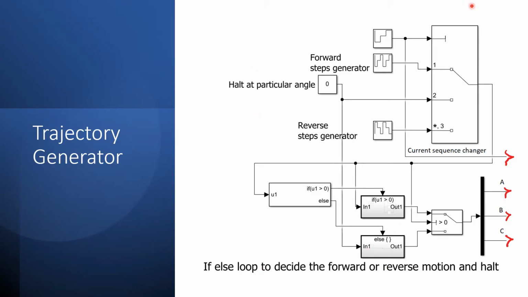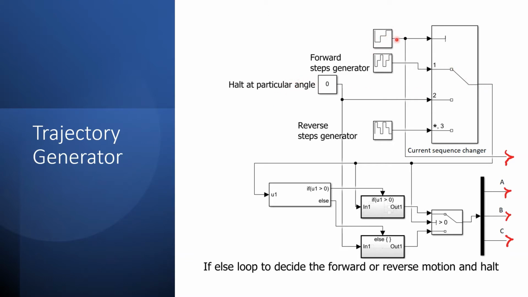Here this is the simulation diagram of a trajectory generator that is designed for the stepper motor. Here this is a sequence selector. Based on the sequence that we want to run the motor, either forward step or reverse step, or if we have to halt the motor at a particular angle, we can select.